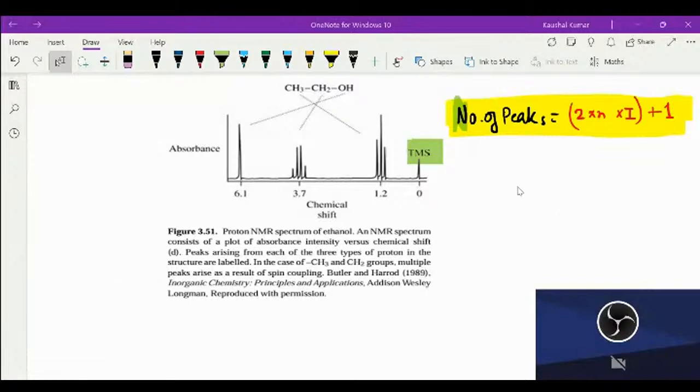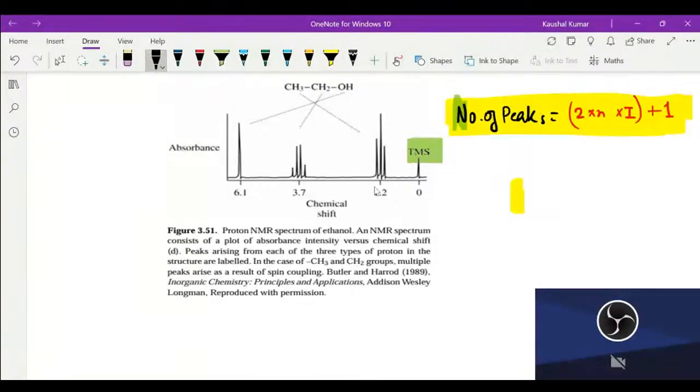So suppose there is a CH2. Here CH3 is there. Yes or no? And here an OH group is there. So this we will not count. We will count these hydrogen atoms.